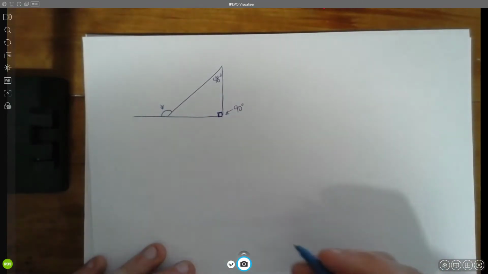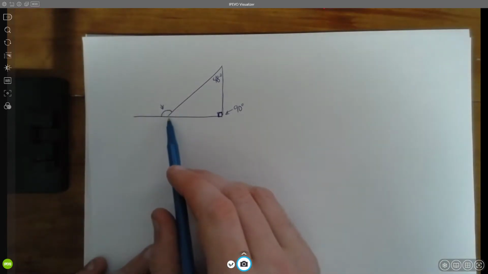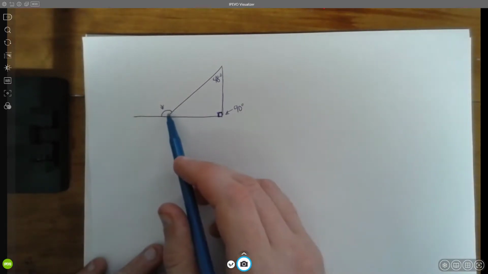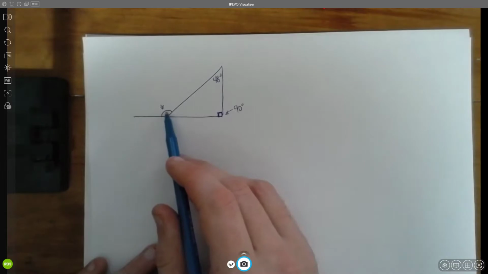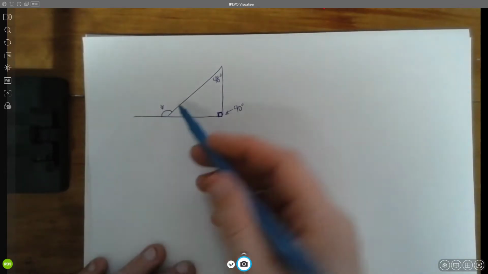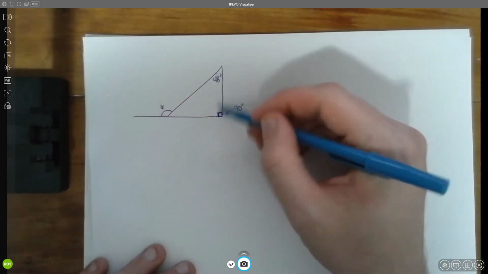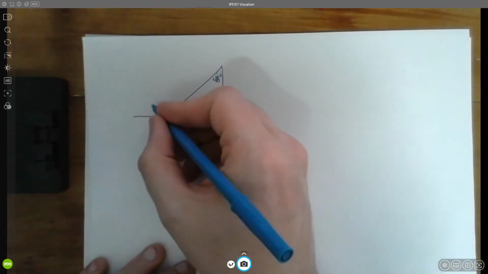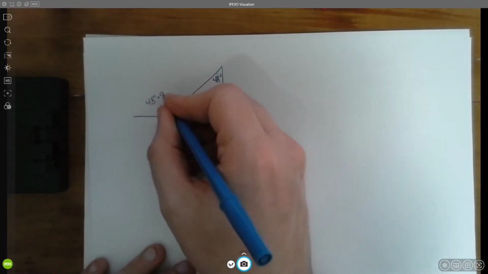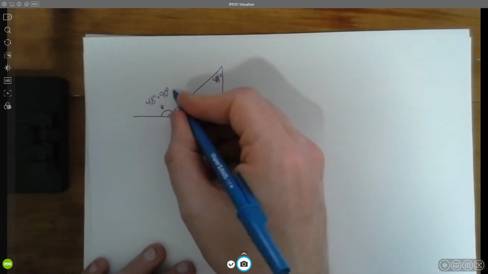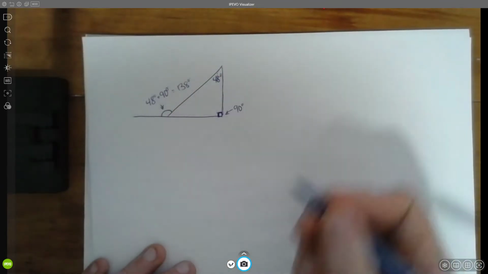So again, a couple of ways to do it. One of the ways is if this right here is an exterior angle, then the exterior angle is the same as the sum of these two other angles. So this exterior angle is just 48 degrees plus 90 degrees, which would give us 138 degrees. That's one way we could do it.